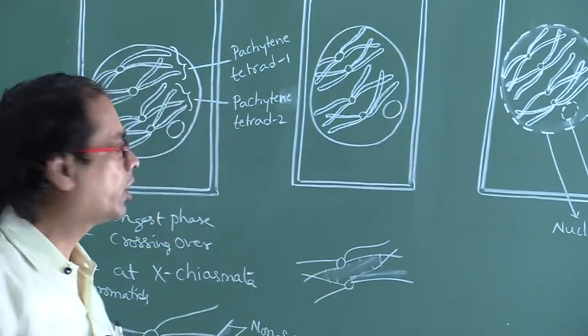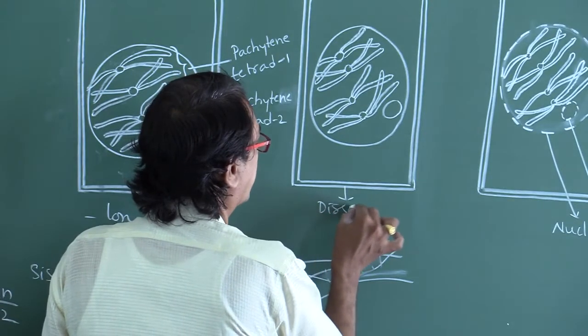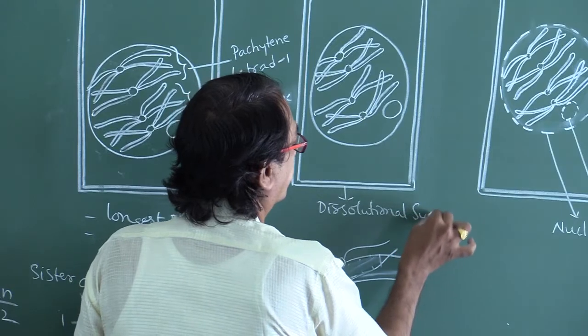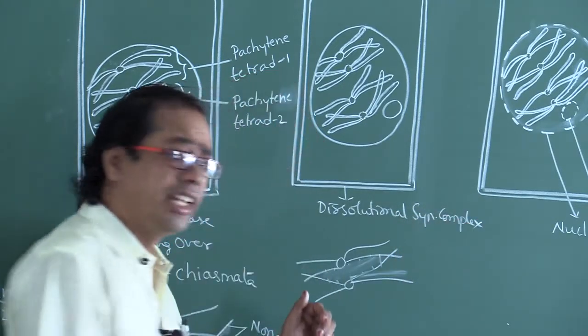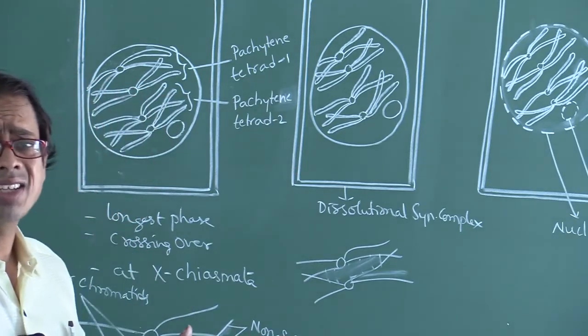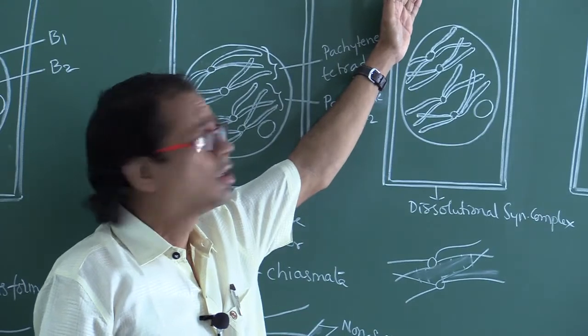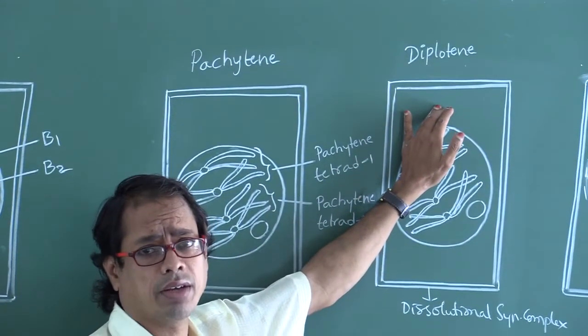Dissolution of synaptonemal complex, very, very important point. Dissolution of synaptonemal complex occurs in which phase? Diplotene. It is the fourth stage of prophase 1.